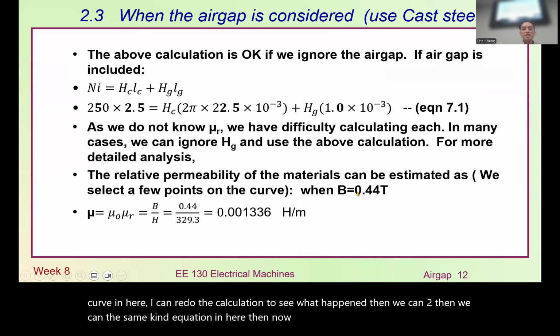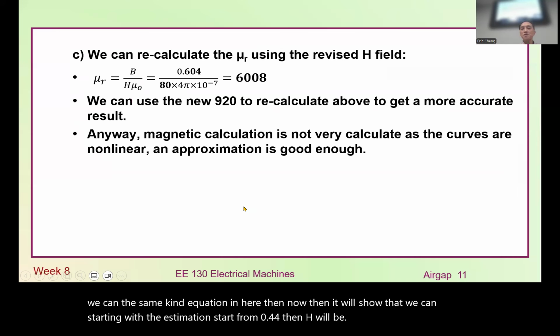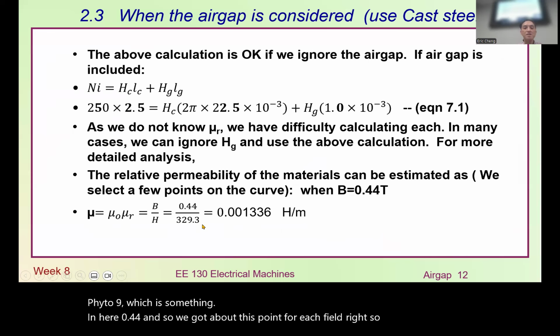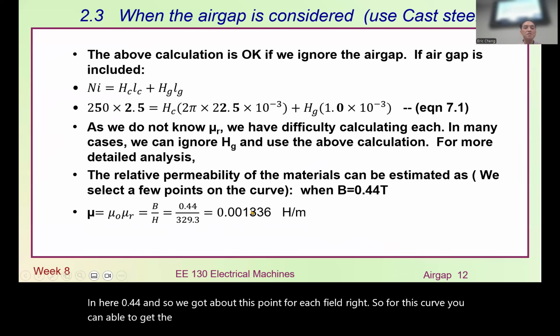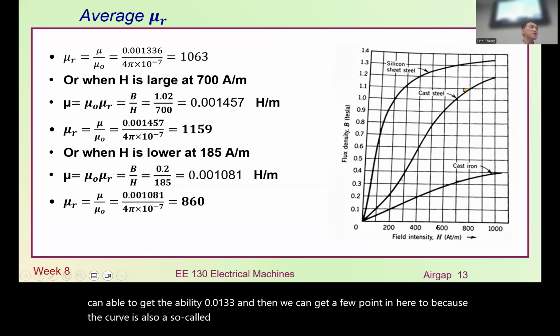We assume we start with an estimate of 0.44, then H will be 329, which is about this point here for the H field, right? For this curve you get a permeability of 0.0133. And then we get our field point here, because the curve is also a moving curve, varying, not a linear, fixed line.